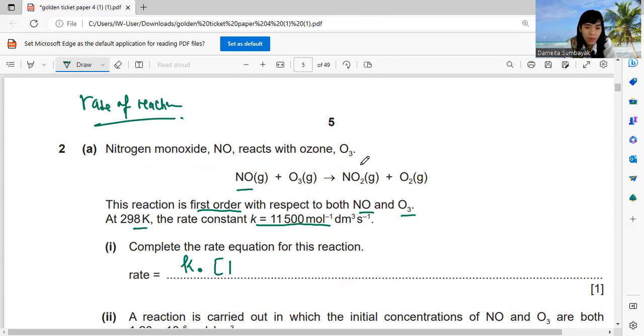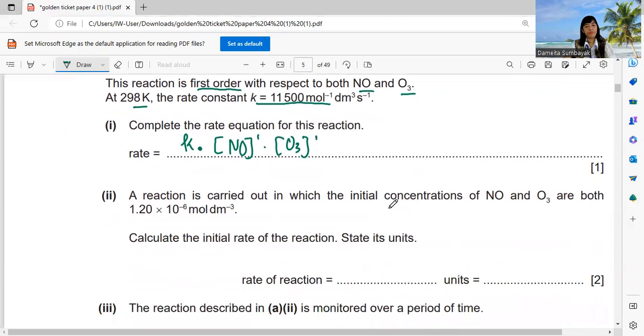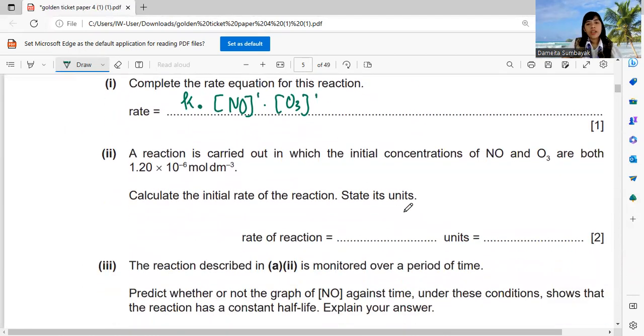The reactant is NO. Because this is first order with respect to NO, the power is 1, times the concentration of ozone with respect to 1.